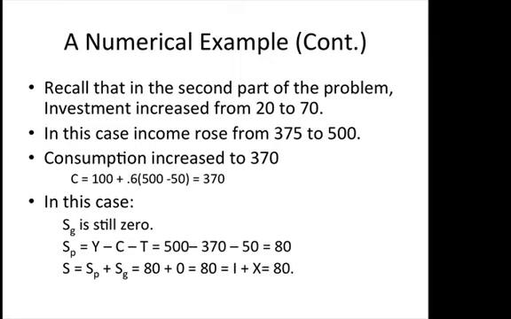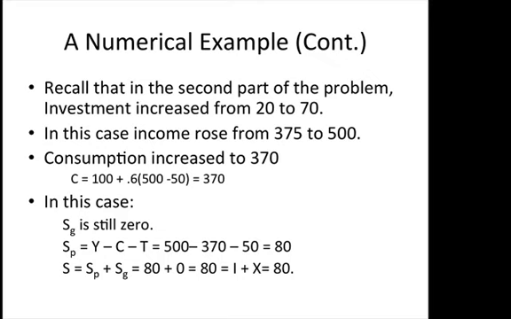Because SG is 0, total saving is equal to 80. This is what investment plus net exports are now equal to once investment increased by 50.